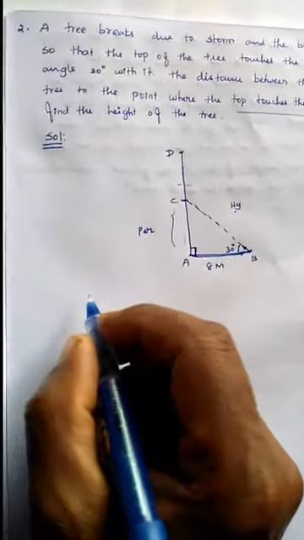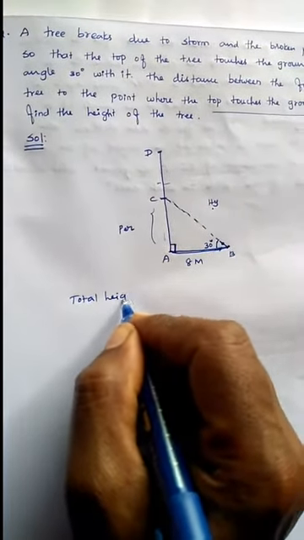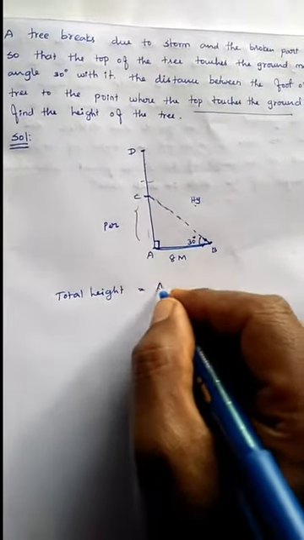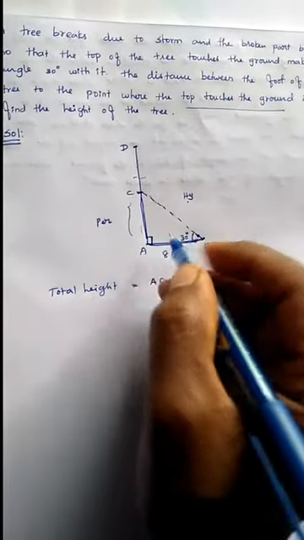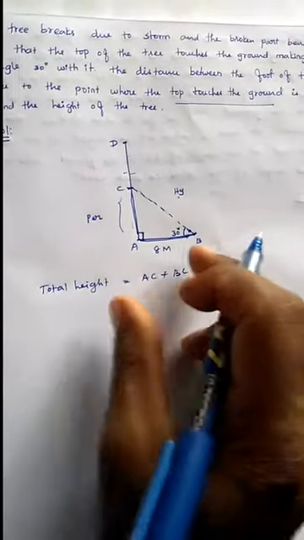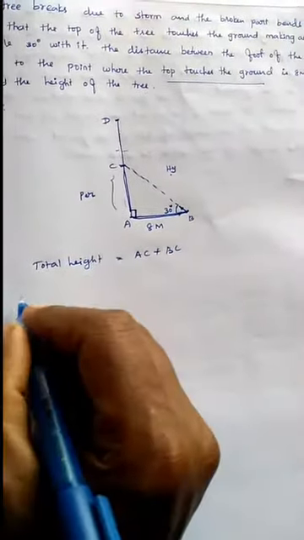So let's write here total height of the tree equal to AC plus BC, because AC is the remaining part, BC is the broken part. When you add together only you will get the total height. Now let's find out first any one.